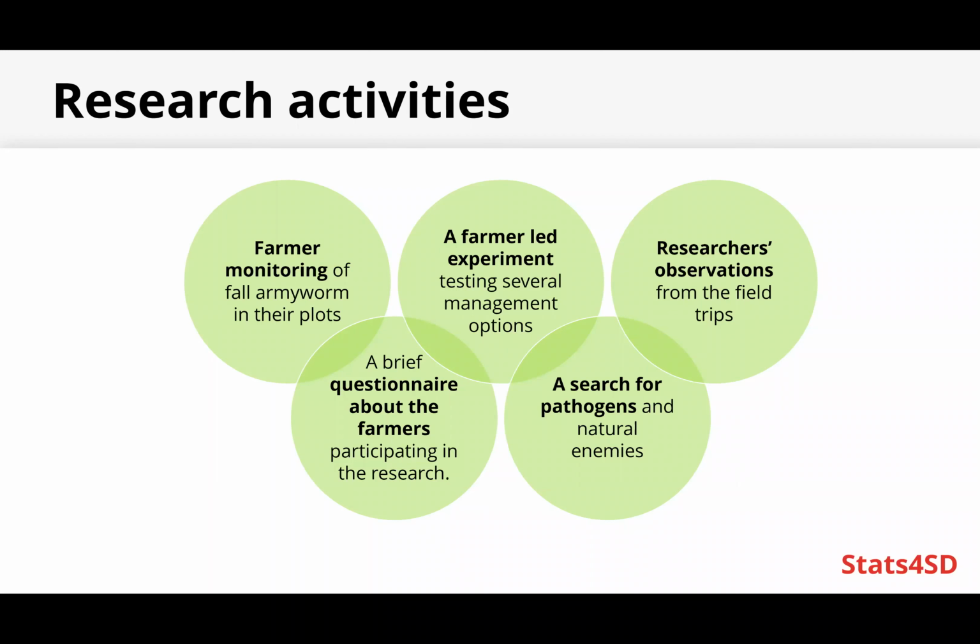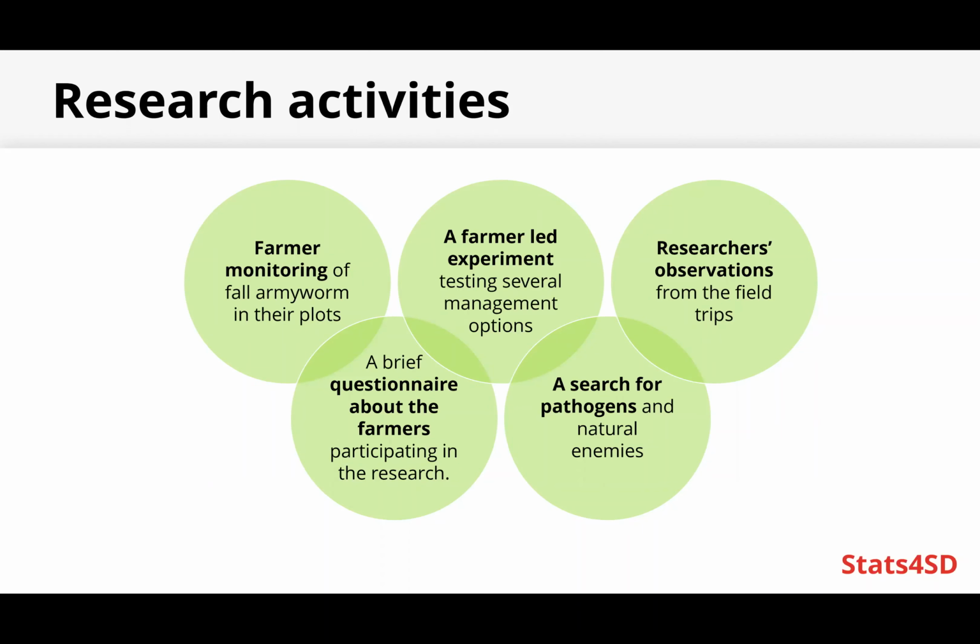And it includes activities like farmers monitoring fall armyworm in their own plots. They have a farmer-led experiment testing different management options, and they have researchers' observations from their field trips as part of the research activities.